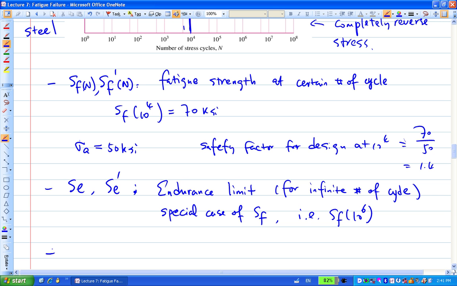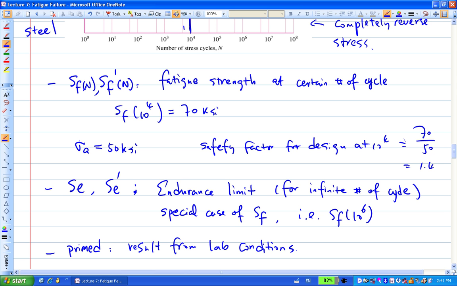So finally, what's the difference between primed and non-primed symbols here? For the primed one, if you're using SE prime or SF prime, that's the result obtained from a specimen under controlled lab condition.